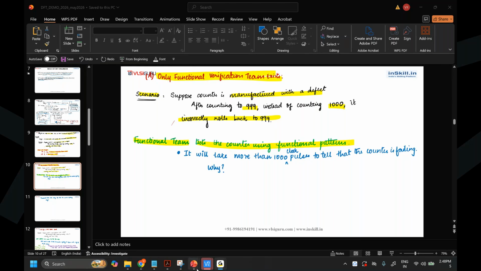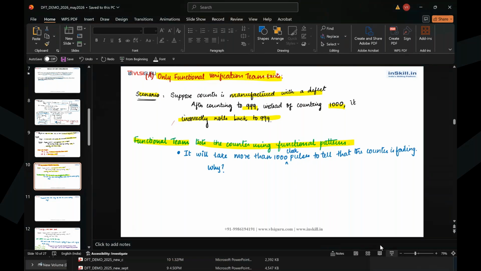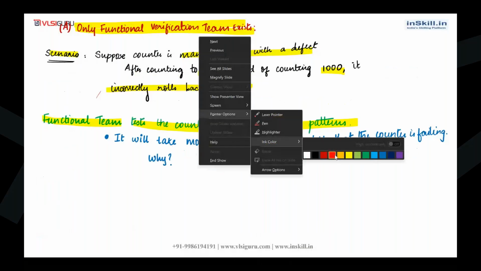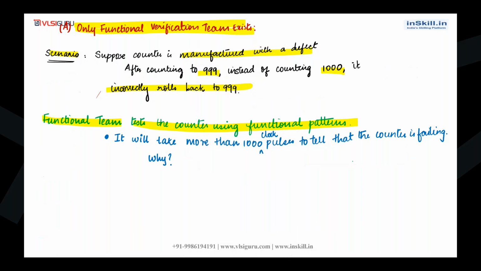Okay, let's try to see here. As we discussed in the previous slide, what does the functional verification team do? They check the functionality. Which means they will check if the counter counts from 0 to 1023.